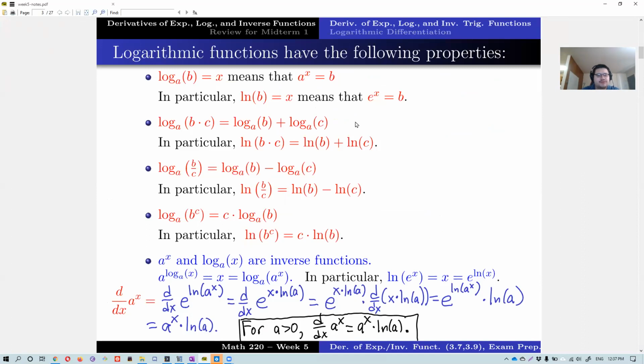You should be comfortable with these logarithm properties. There's a technique that you learn, which is used in number 4, and I think just number 4, logarithmic differentiation, where you really need to be able to simplify these logarithm expressions. So multiplication inside a logarithm will split into addition, division splits into subtraction, and for exponentiation, you can pull the exponent out. And that's pretty much all this is.